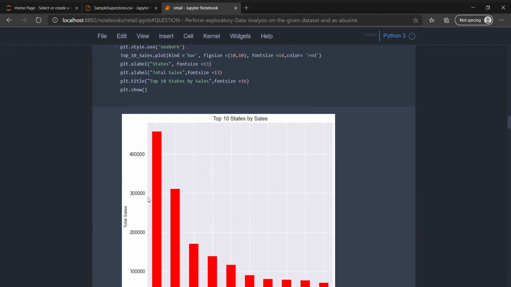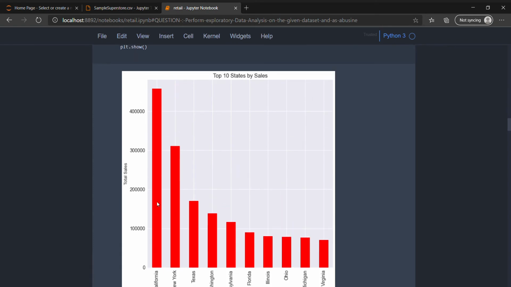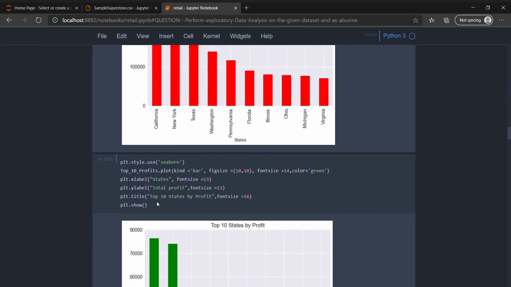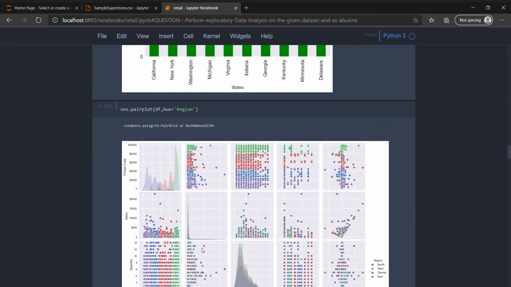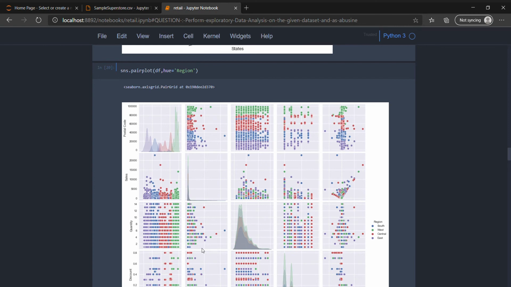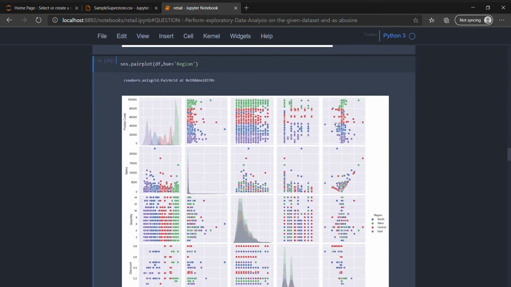So visualizing it, the top sales happen in California and the profit is again California. Now we'll implement the pair plots. Pair plots are a very simple way to visualize the relationship between each variable. It produces a matrix of relationships between each variable in your data.